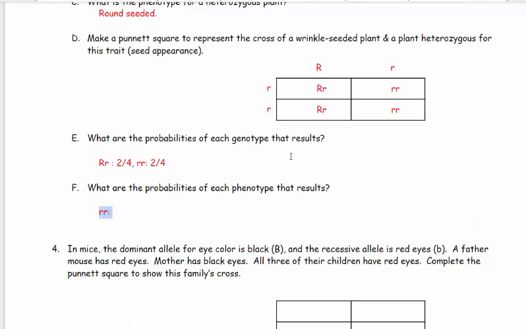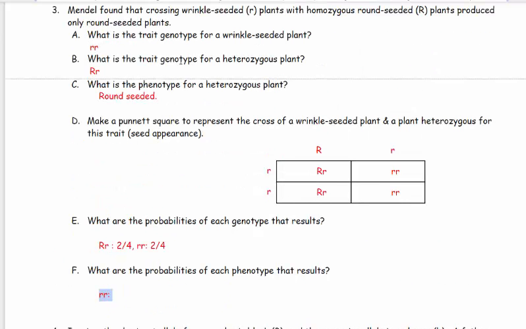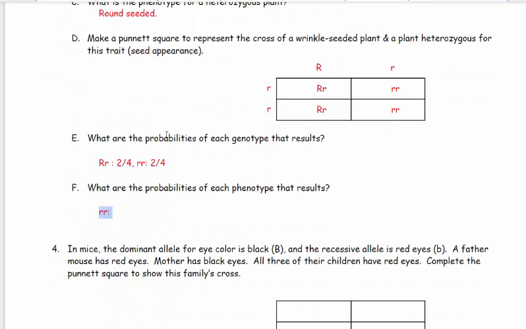I gotta remember, what are we talking about here? Wrinkle-seeded and round-seeded. Round-seeded is dominant, so round would be 2 out of 4, and wrinkled would also be 2 out of 4. Okay. Hopefully that solves that one.